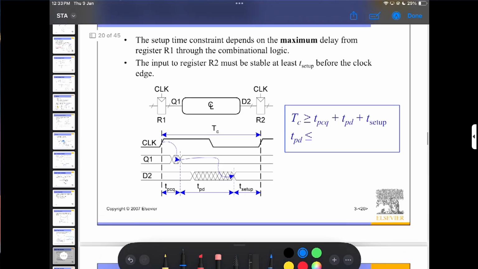So the same thing is written here. The TPCQ is the propagation delay of clock to Q, TPD is the combinational delay, and T setup is the flip flop setup time.